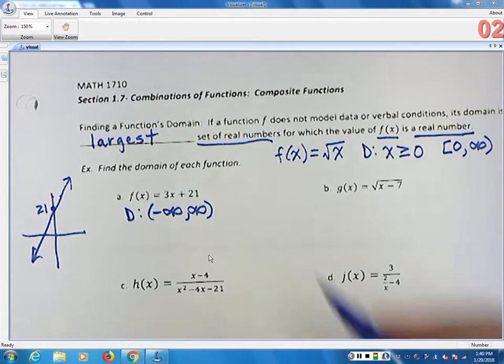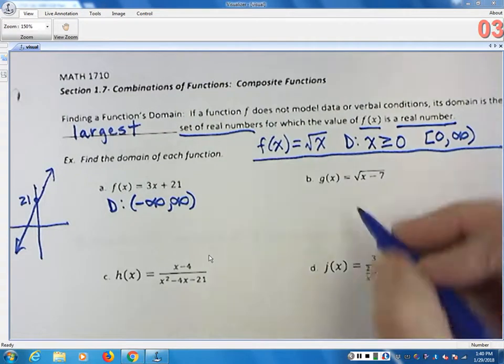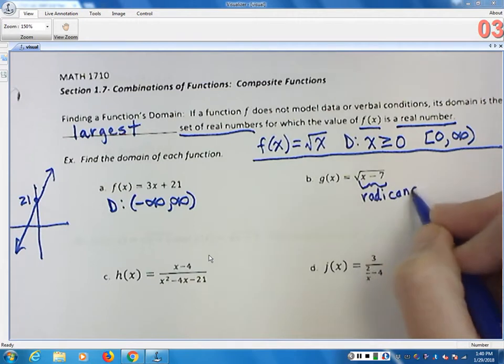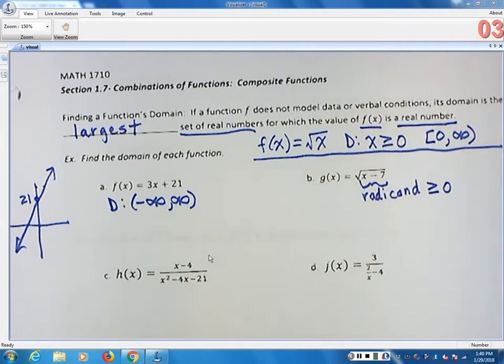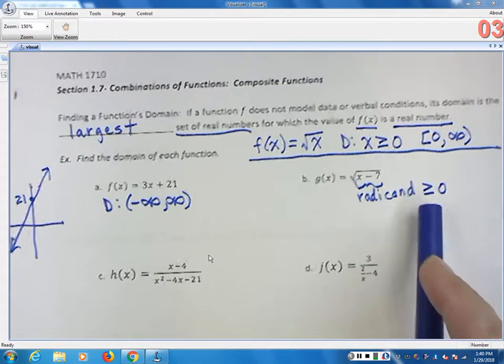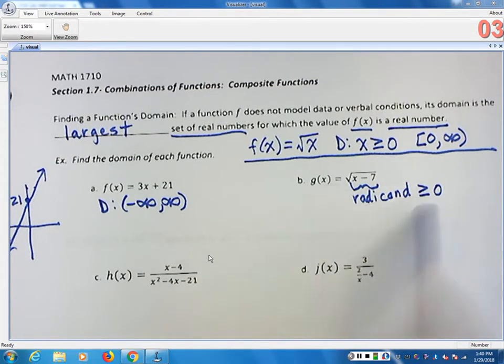That's an extra example. So when we have square roots, we need to make sure that the radicand, what's inside the radical, is greater than or equal to 0. On example B, because it's a square root, an even power root, the inside of the root has to be greater than or equal to 0.